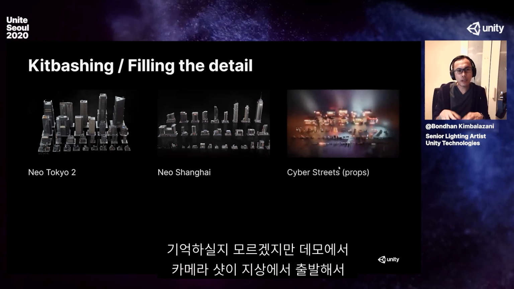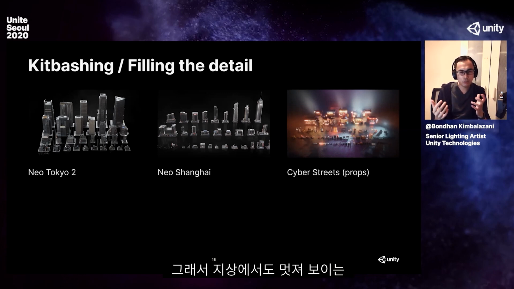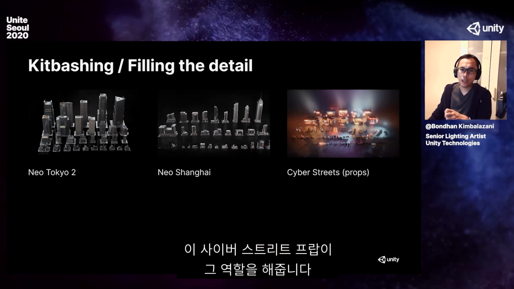Also, if you remember, in the shots we start from the ground and then the camera moves up until the rooftops. So we need some props that look great at ground level as well. That's why we think we need these cyber street props.